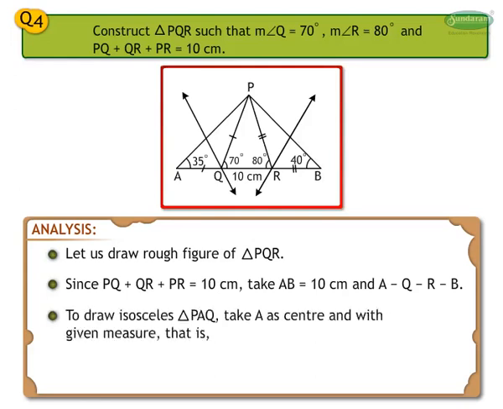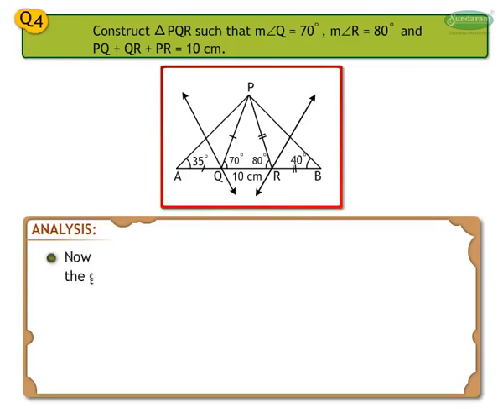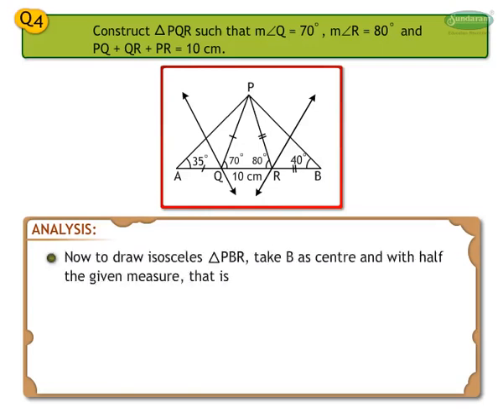To draw isosceles triangle PAQ, take A as center and with half the given measure, that is, measure angle A is equal to half measure angle Q, which is equal to half of 70, that is 35 degrees, draw AP. Now to draw isosceles triangle PBR, take B as center and with half the given measure, that is half measure of angle R, which is equal to half of 80, that is 40 degrees.